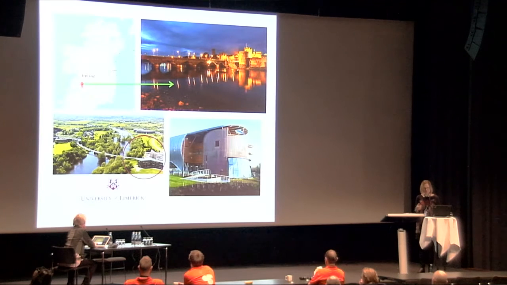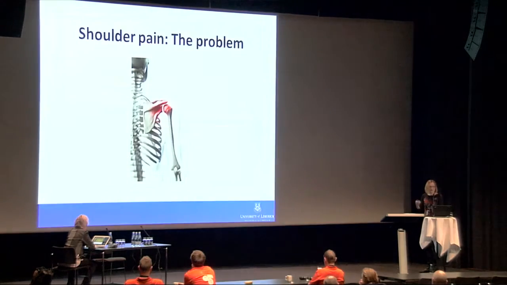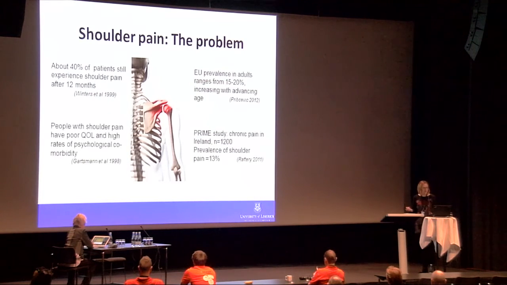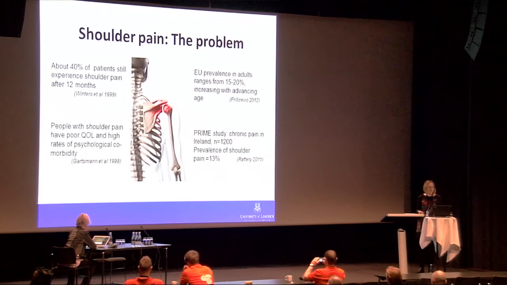So today, broadly we're going to talk about shoulder pain, and you've heard these discussions quite a bit over the last couple of days about how shoulder pain is highly prevalent in the adult population. I have got hold of some data from the Irish population, a big study of chronic pain, 1,200 Irish people, and I've looked at that study a little bit in terms of shoulder pain prevalence, and prevalence is 13% in that particular group.